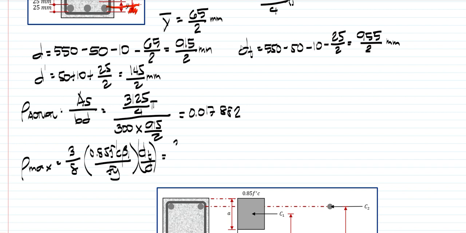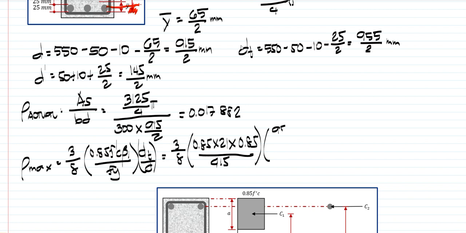So, that will be 3/8 times 0.85 times 21 times beta 1 is 0.85 divided by Fy, which is 415. Then, times dt, which is 955 over 2 divided by 915 over 2, which is our d. So, we can have a value of rho max equivalent to, that is 0.0143.